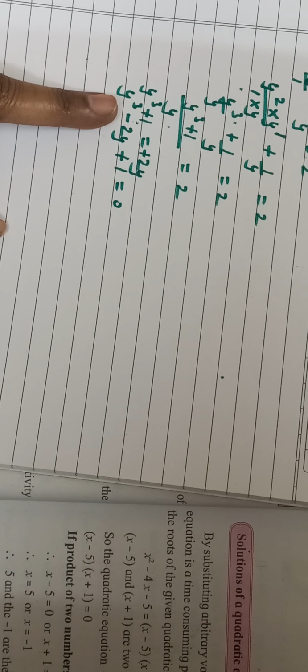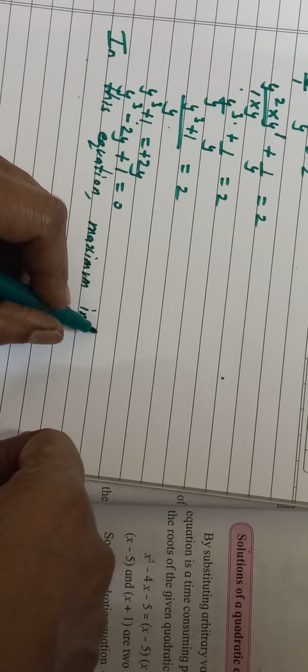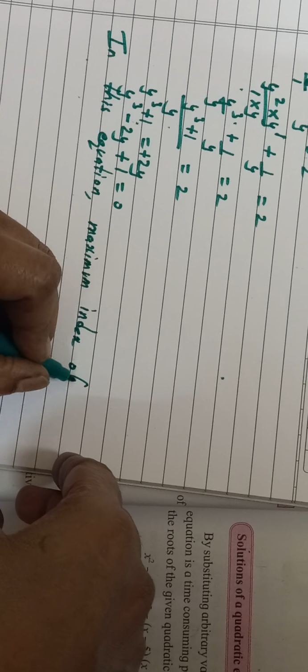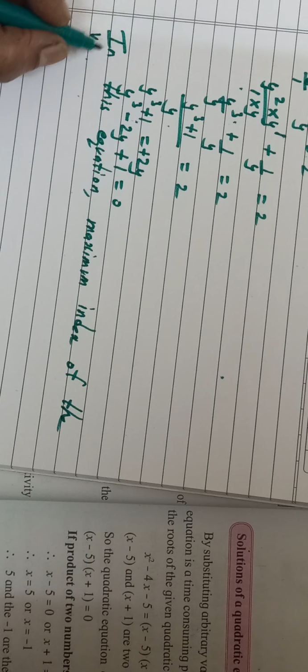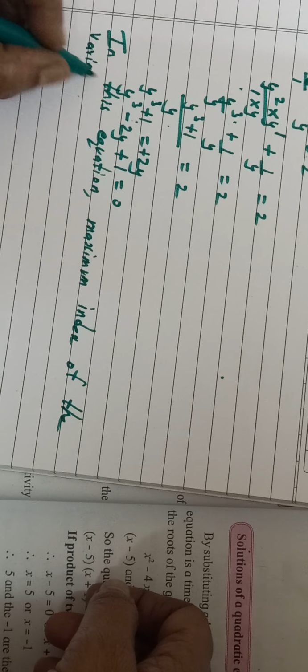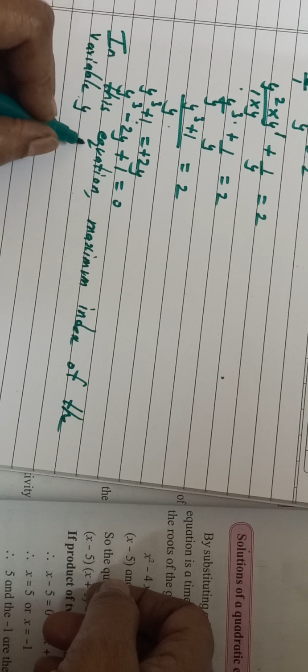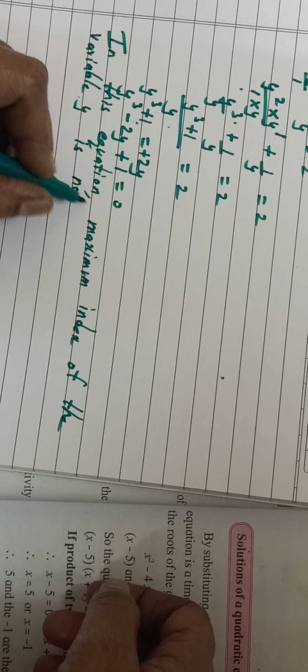So here we will just write in this equation, maximum index, because that is not what we are getting. So we will just mention here: maximum index of the variable y is not 2.